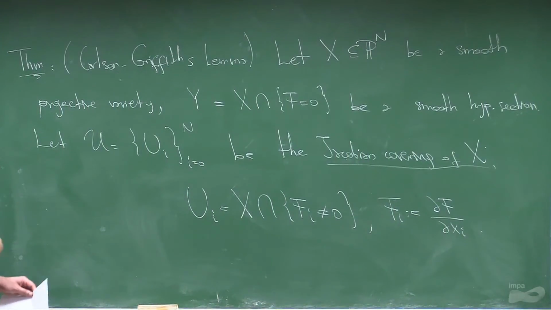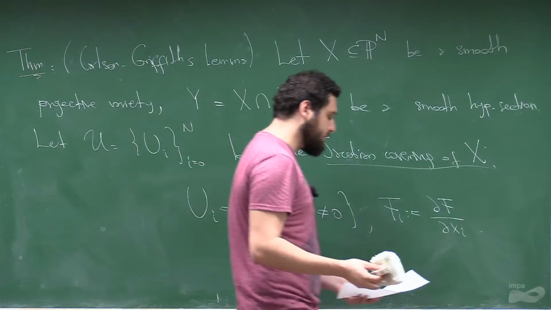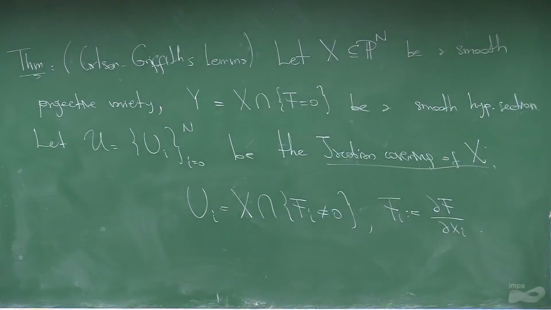Okay, consider the Jacobian covering. This is an affine covering, so it is a good covering.